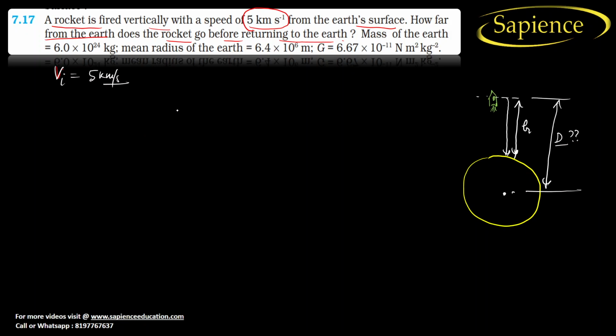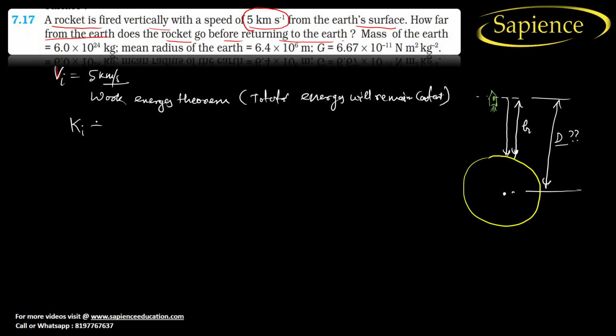Now we can use the work energy theorem, that is, total energy will remain conserved. Here we have an initial point and a final point.